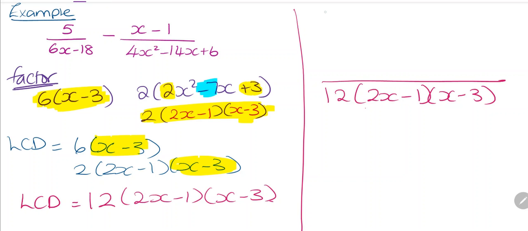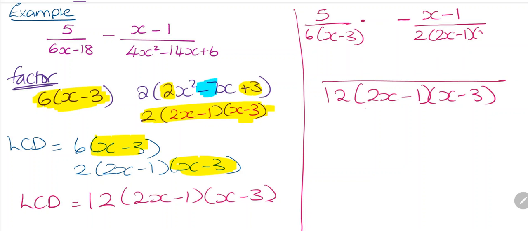So I've got 5 over 6x minus 3, and then minus x minus 1, and I'm going to write this over 2x minus 1 and x minus 3.